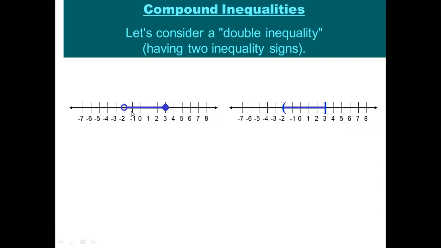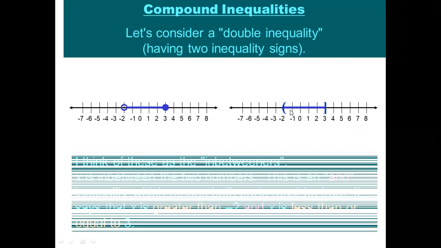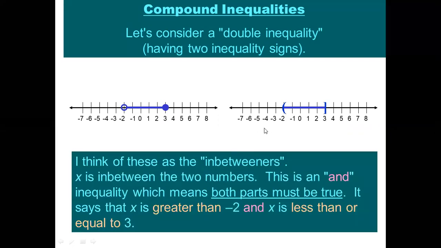Or you can also represent this situation using the small and square brackets. Both parts must be true. So this one represents x is greater than -2, while this one represents x is less than or equal to 3.